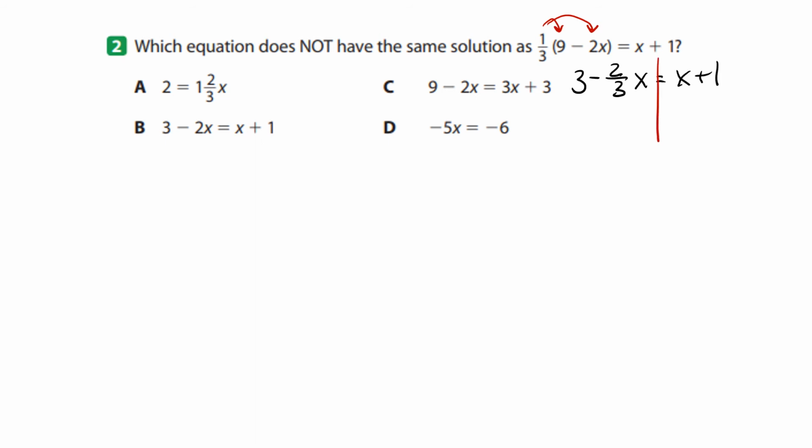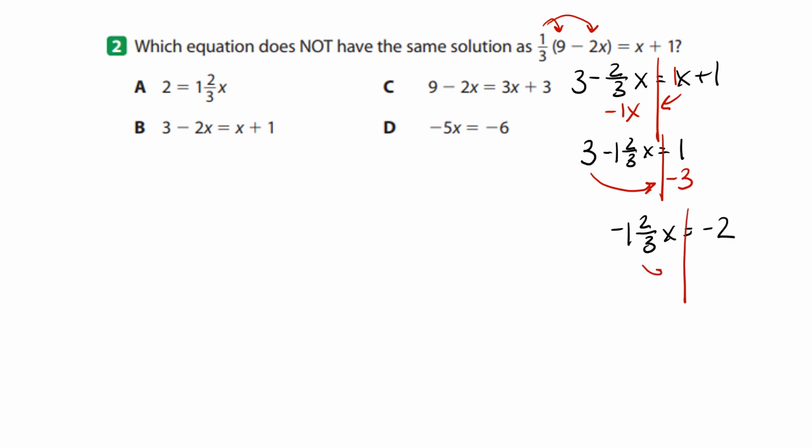When it comes to combining like terms, we take the 1x, we do the opposite, we do a minus 1x. Meaning we end up with a negative 1 and 2/3 x. Again, combining like terms, we do the opposite of 3, we do a minus 3. 1 minus 3 is a negative 2.